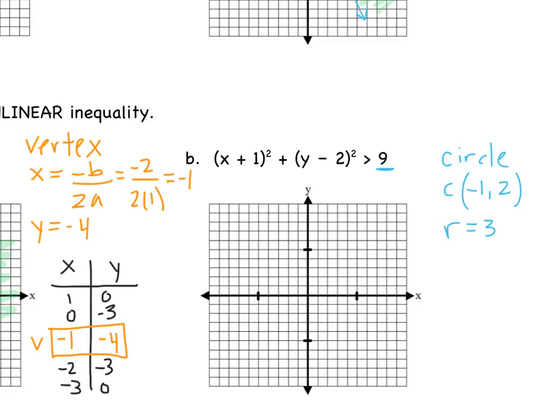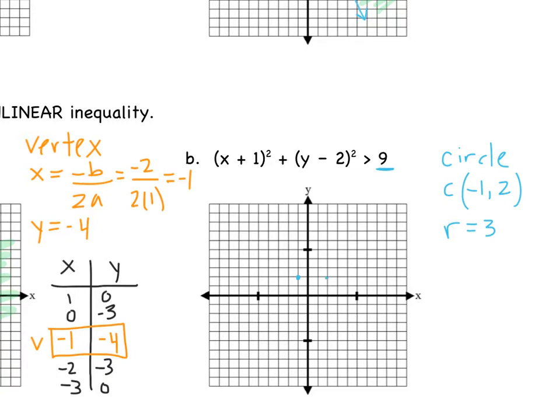Keep in mind, when we are graphing, our circle is going to be dashed because we're strictly greater than here. So when we plot a circle, if you remember, we start at our center, negative 1, 2, and we use that radius to count 3 in up, down, left, and right directions. From my center to the right 3, I'm at 2, 2.